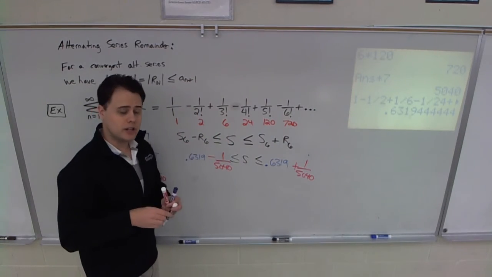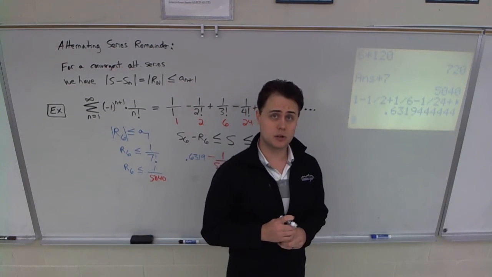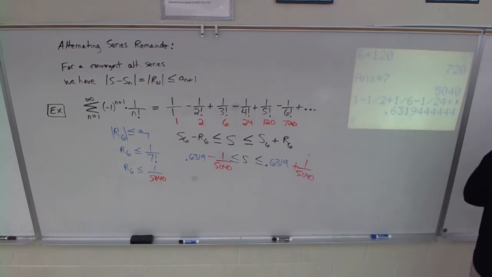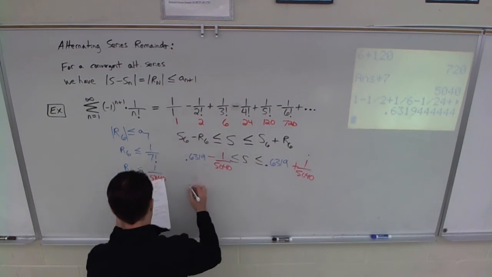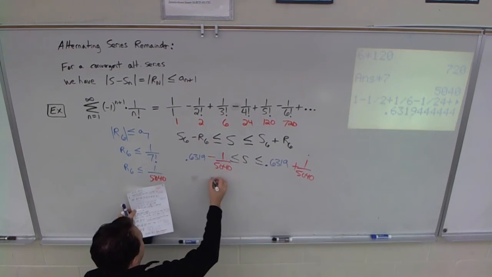And you can see we've already got, after only 6 terms, a really good estimate on the value that this alternating series converges to. So let me go to my notes and pull out those numbers real quick. I just got that this was like minus 0.0002.